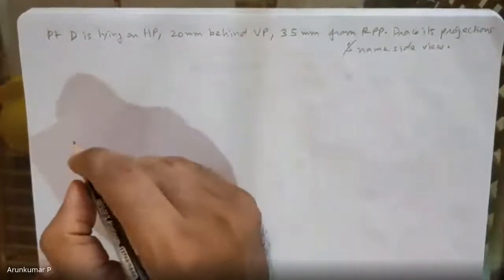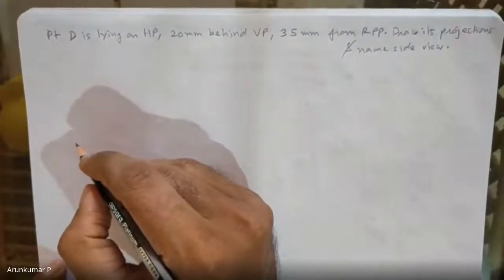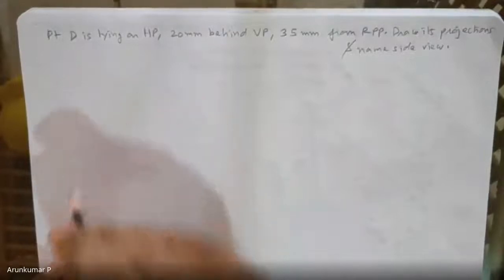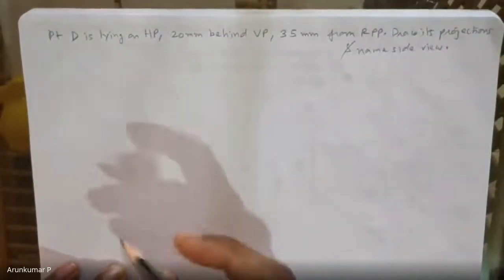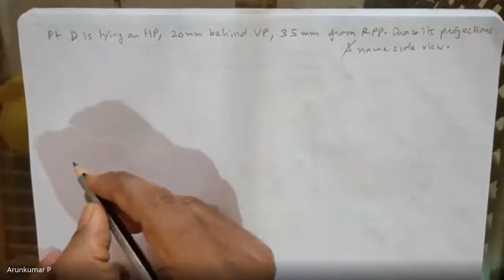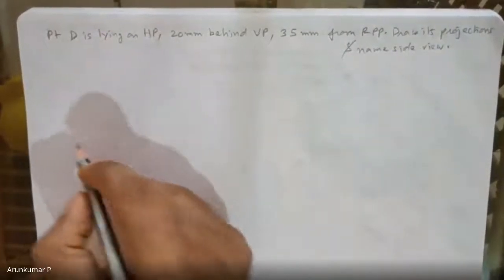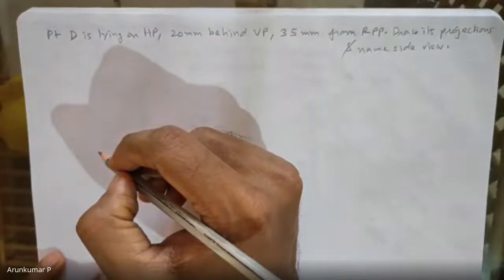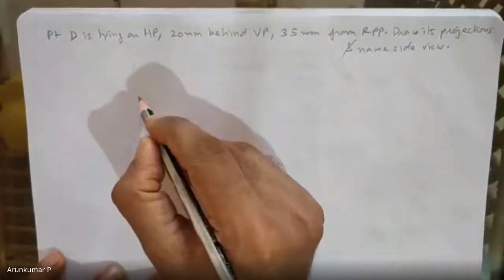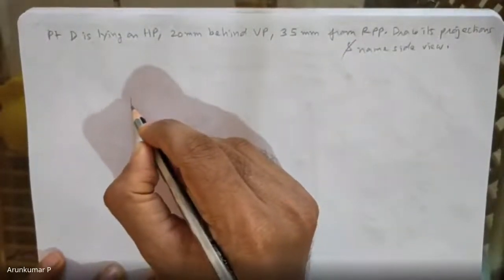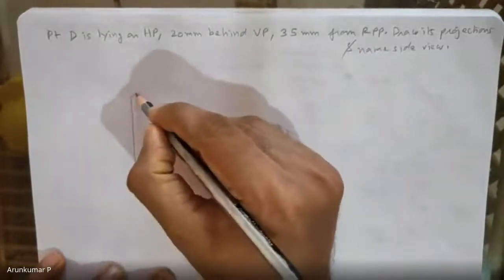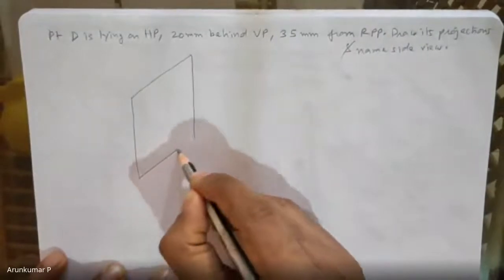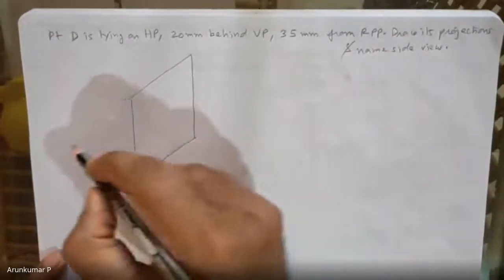So first I'll draw the 3D view and then we'll convert to 2D. So let us assume that this point is in the second quadrant just to maintain some variety. I'll draw VP first. Then I'll draw HP.